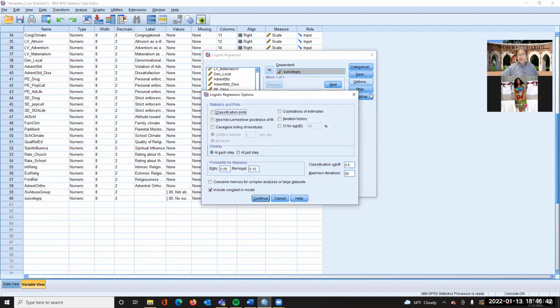Let's select the Hosmer-Lemeshow goodness of fit and the confidence interval, then click Continue.